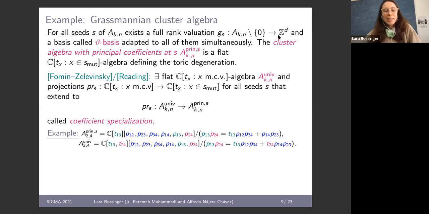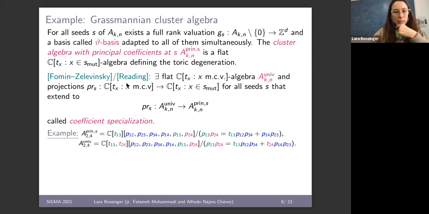The image is not a vector space, but if you take the vector space generated by the image, it's full dimensional. Okay. Maybe one more thing to say: this theta basis, which was a vector space basis for these principal coefficient algebras, is not a big surprise that it is an adapted basis for this valuation that comes out of the construction.